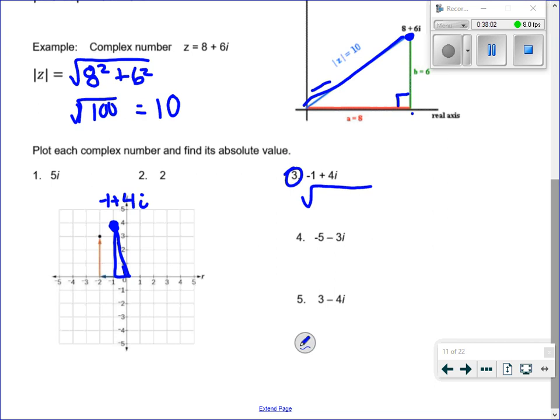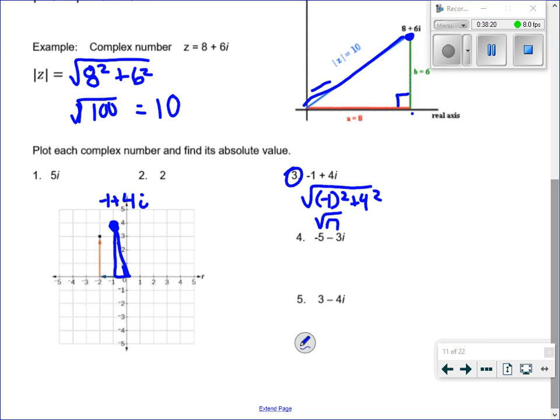We just talked about that. That would be -1 squared plus 4 squared. So that would just be root 17. You can do this if you finish that back page early.